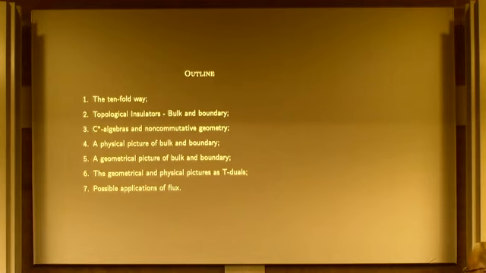And then I want to talk about two different ways of looking at the Bott periodicity. One more linked in with the physics, one more geometrical, and then how these two pictures actually tie together as T-duals, which I'll explain what a T-dual is, and then some speculation at the end on flux.